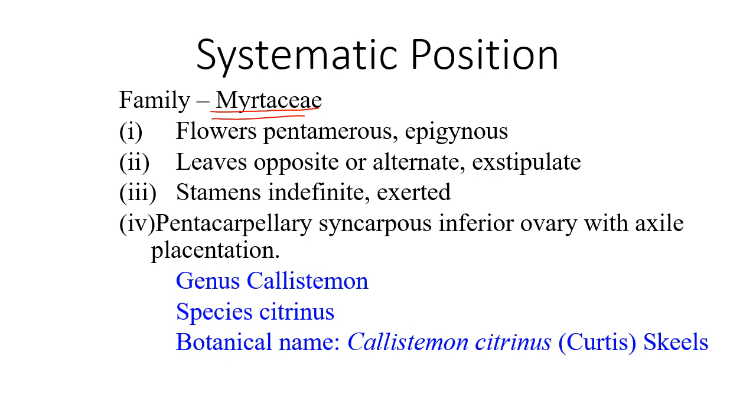Which characteristics are there? Flowers are pentamerous, meaning calyx and corolla in multiples of 5, so pentamerous. Leaves opposite or alternate.